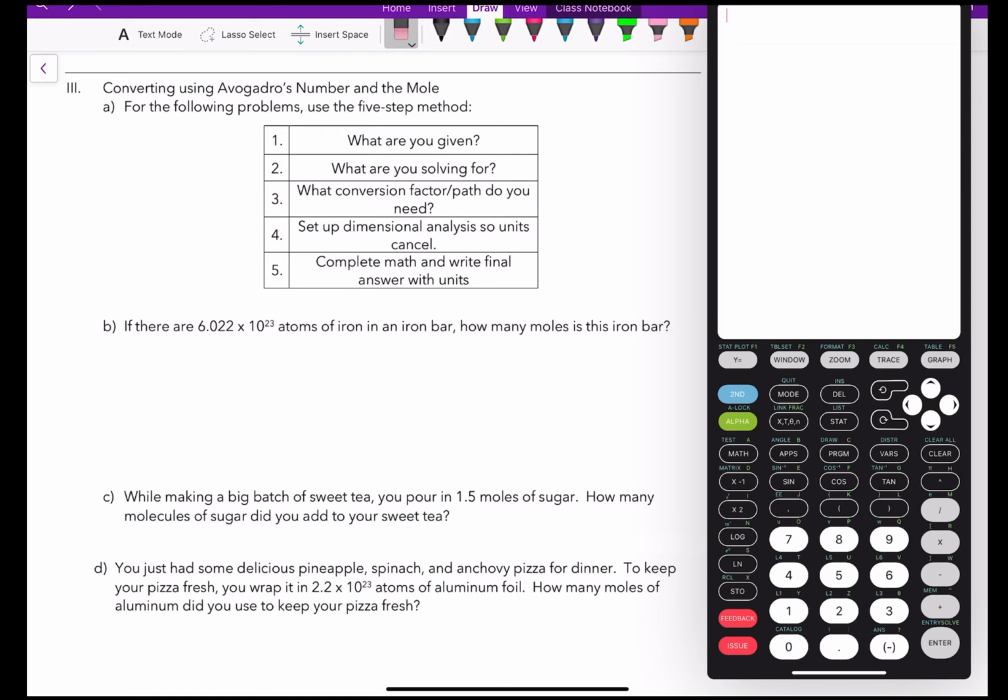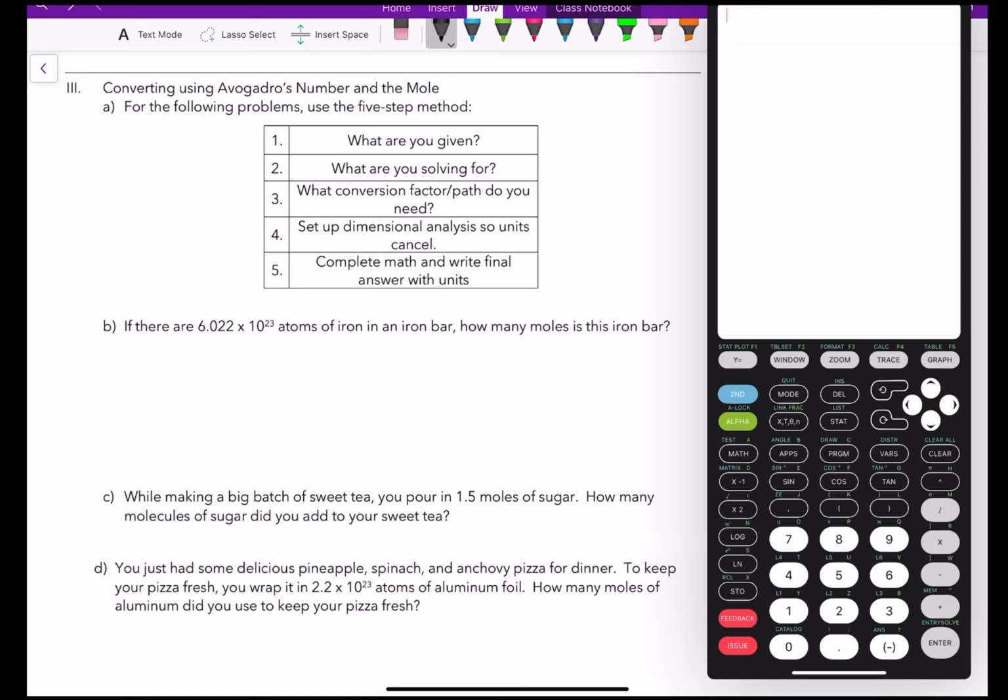However, future you, when we get to like unit 5, is really going to thank current you because the math will get more complex. So make sure you follow along very carefully. And if you have questions, let me know, because this is going to be a foundational skill that we will build upon in the future.